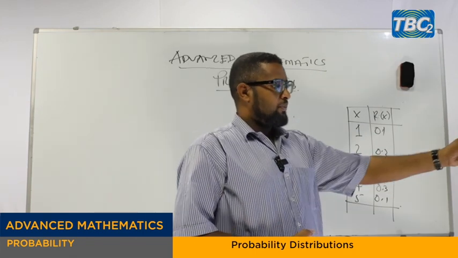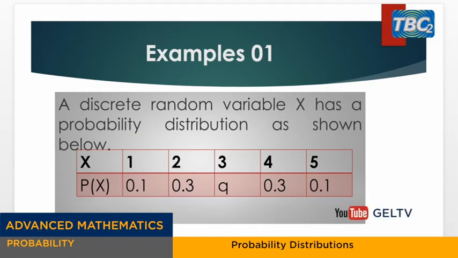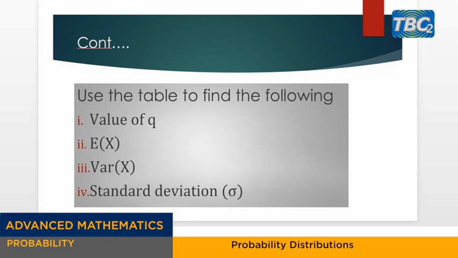Now this table, or this information, will help you to solve this question. Use the table to find the value of q, then the expectation of variable x. But you cannot find the expectation of variable x unless you know the value of q. So now let's start finding the value of q.